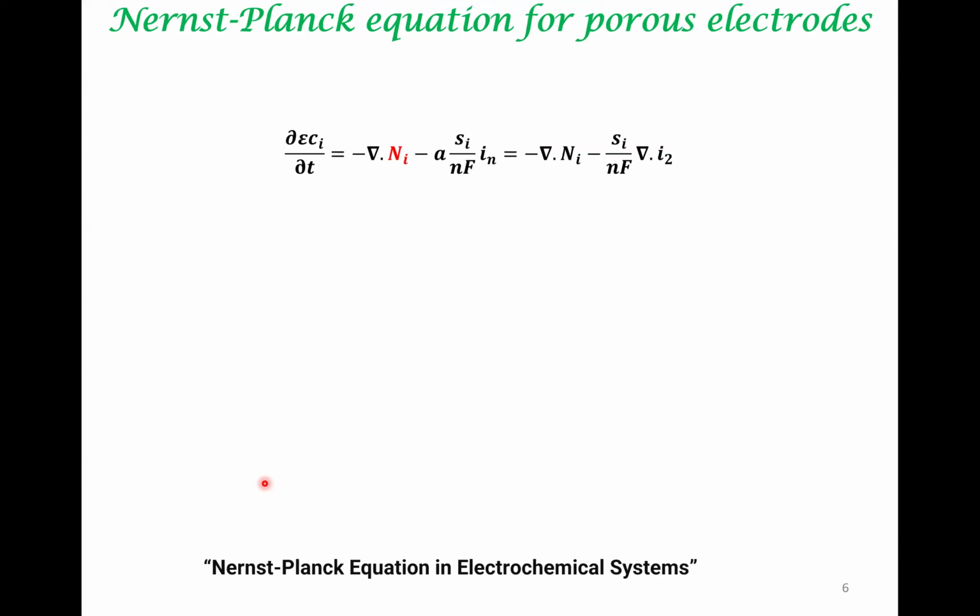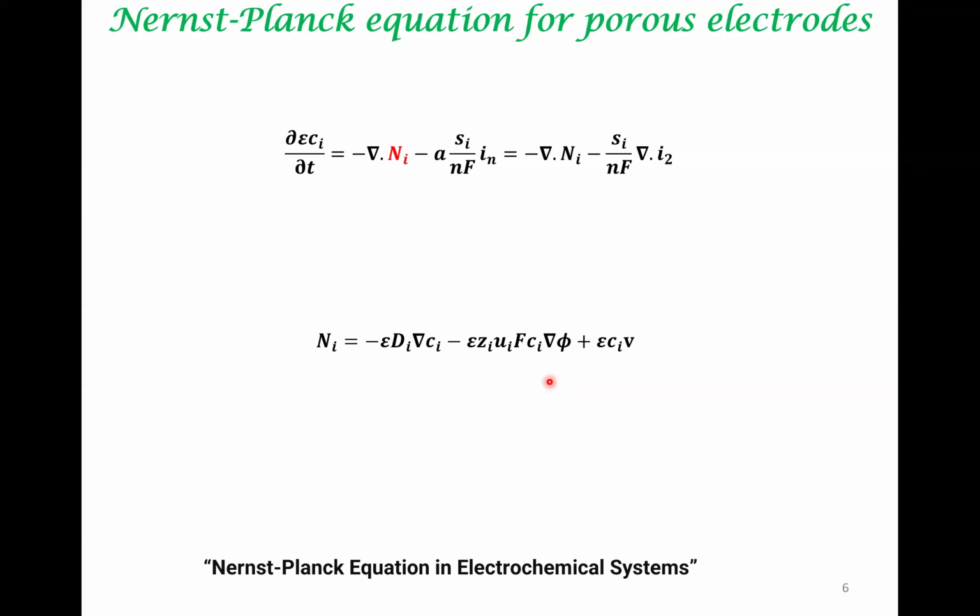The general introduction to the Nernst-Planck equation has been provided in a previous lecture. It contains three terms associated with the diffusive flux, the migratory flux, and the convective flux. So the overall flux is decomposed into three different terms associated with diffusion, migration, and convection.